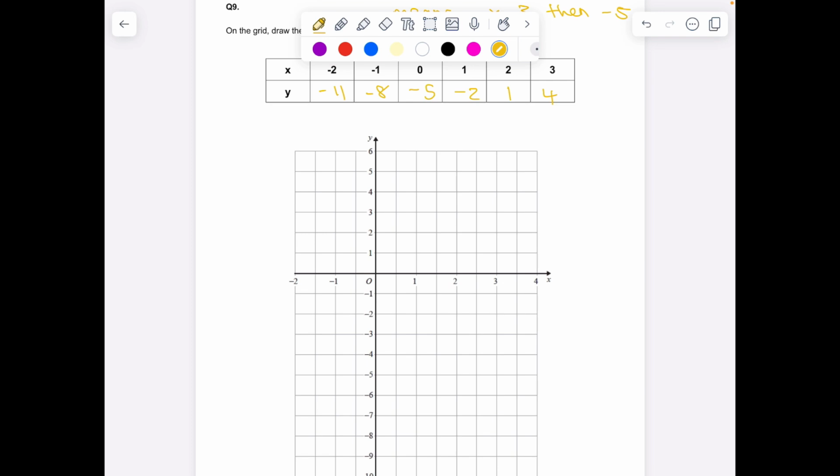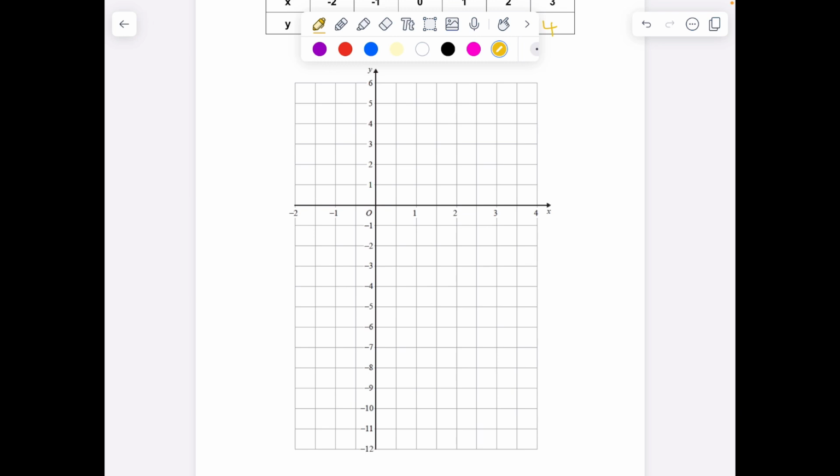So we've got minus 2, minus 11. Minus 1, minus 8. 0, minus 5. 1, minus 2, 2, 1, and 3, 4.